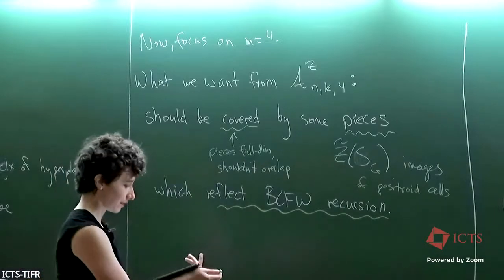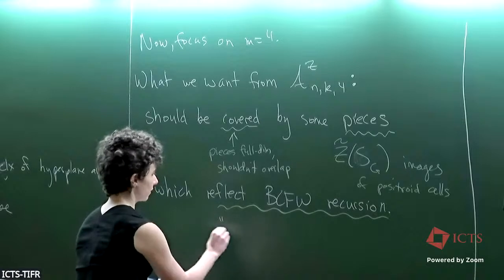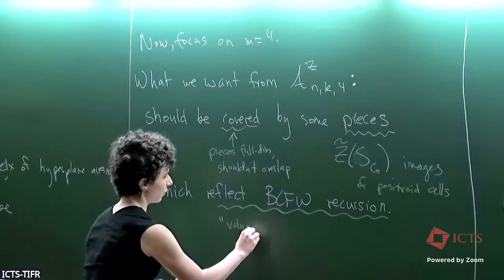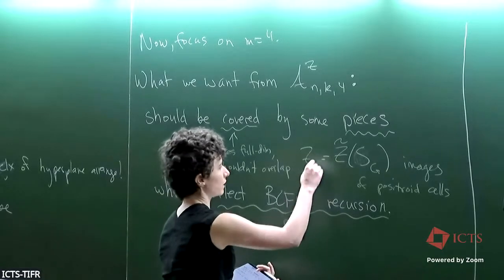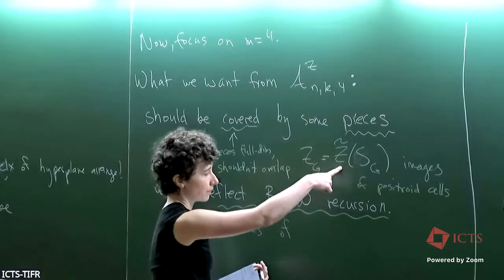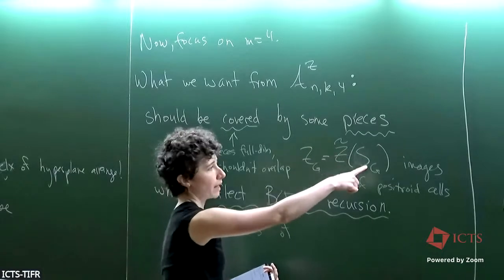Okay, so maybe I'll say something like, we would hope that something like the volumes of the pieces we're using, oh, actually, let me introduce some notation. ZG means the image under the amplituhedron map of the cell SG.